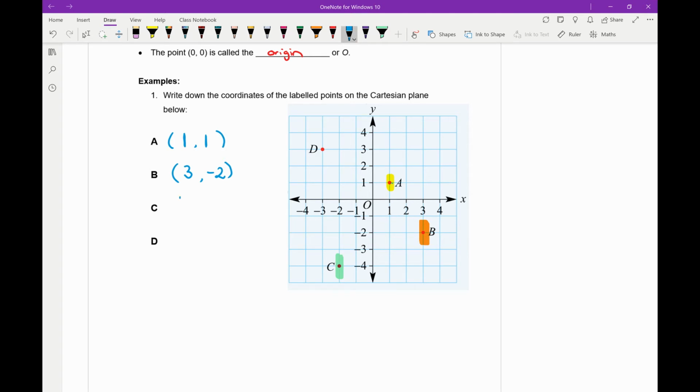So we're at -2 and down to -4. And the last one, D, the x value is at -3. So put that first. X is always first, and the y value is a +3. And that's it. That's how you write down coordinates.